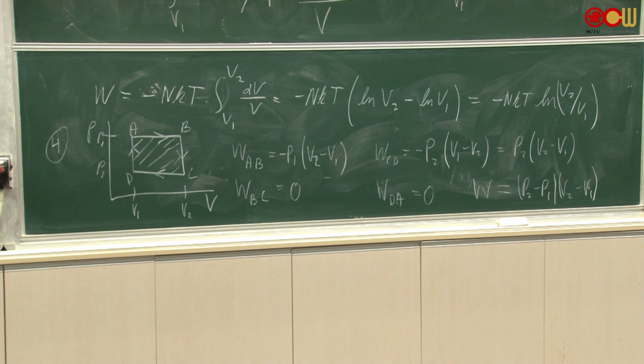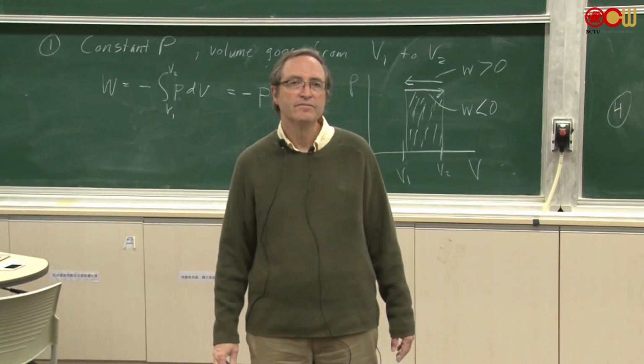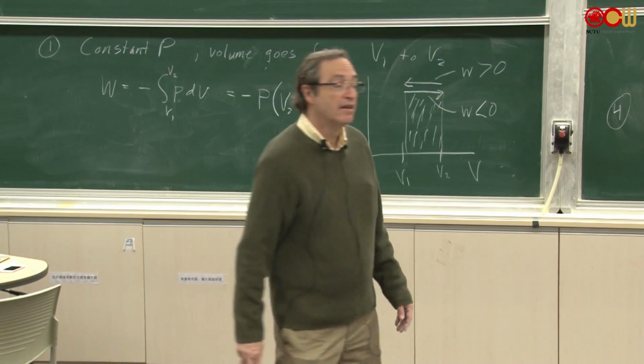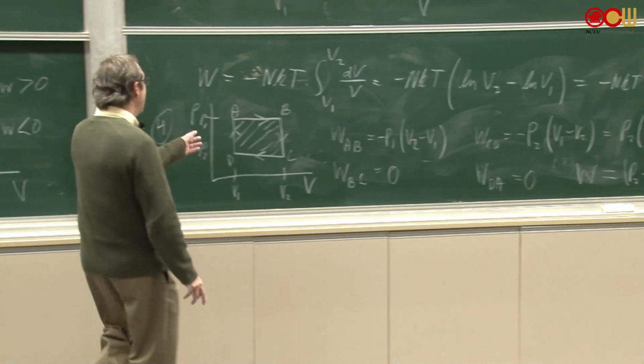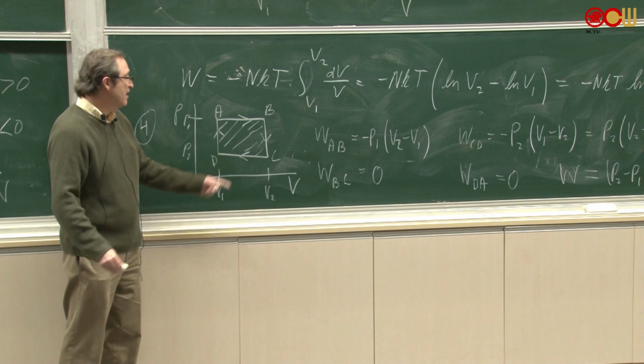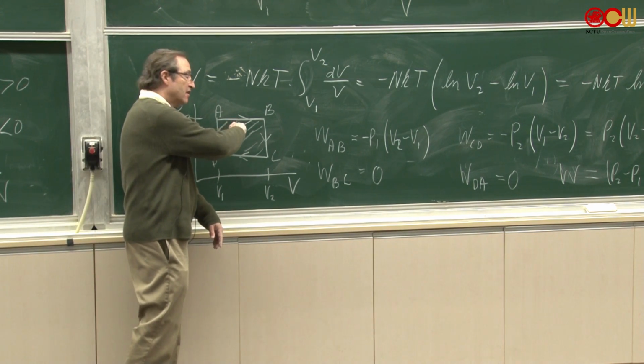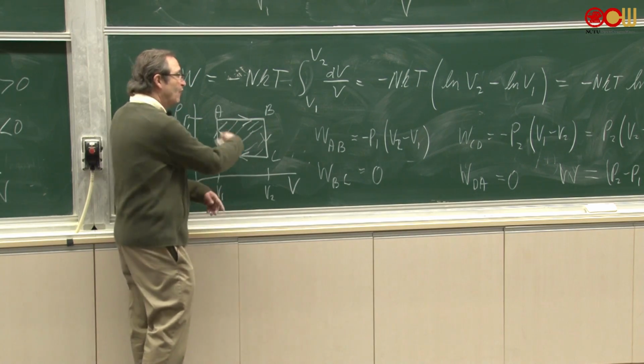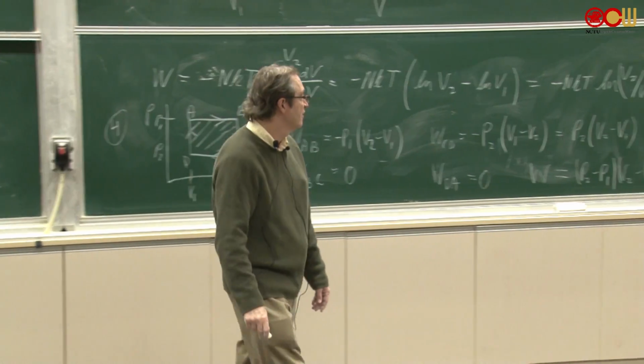P2 minus P1 times V2 minus V1. So it's that area, and in this case, it's negative. Okay? So the total work is given by the area inside the curve, and you have to figure out whether it's positive or negative. In this case, it's negative. If we reversed all the arrows, it would be positive.